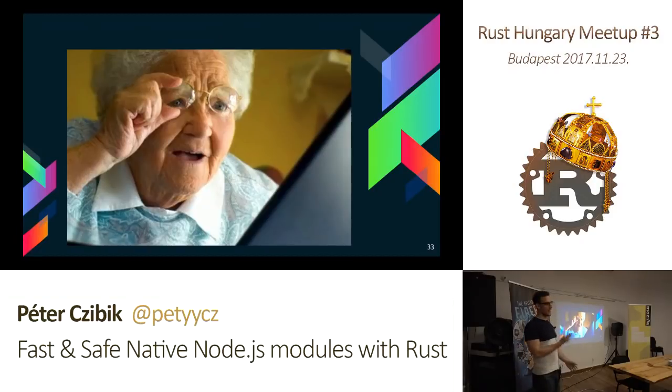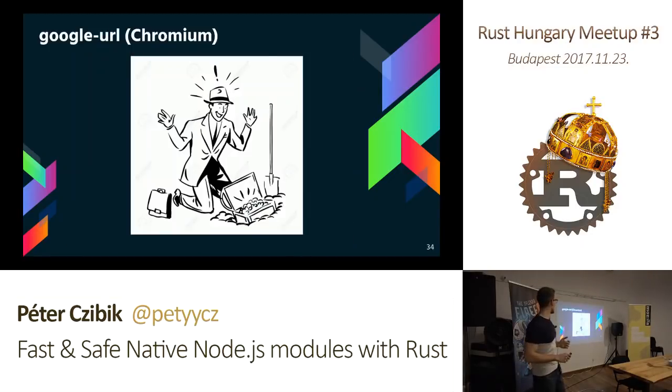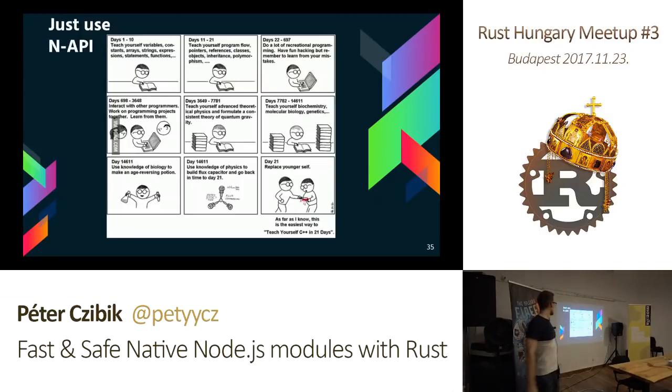So let's look on the internet for an already existing solution, and I found Google URL. Oh my God, this is going to be so awesome. I'm just going to use this C++ library and the N API, which is a C++ thing that binds to V8 and abstracts away V8.